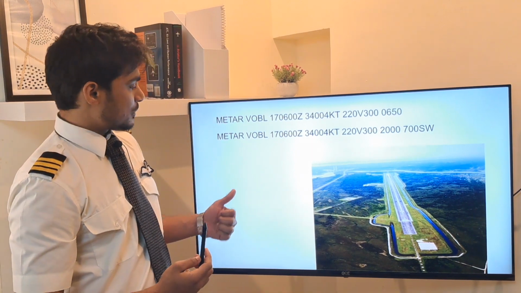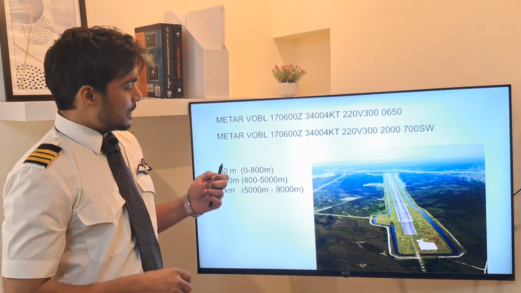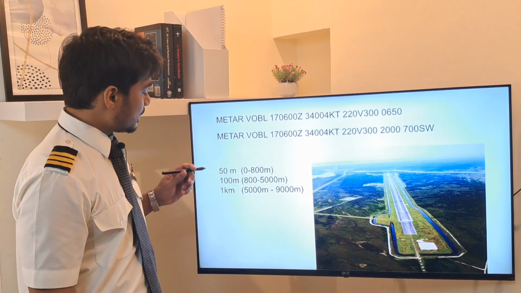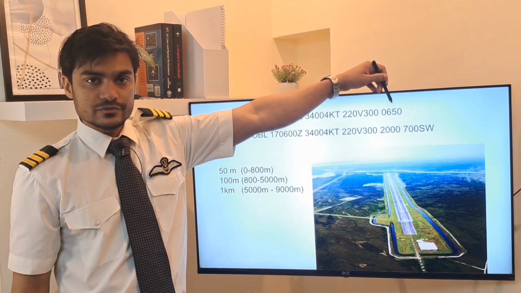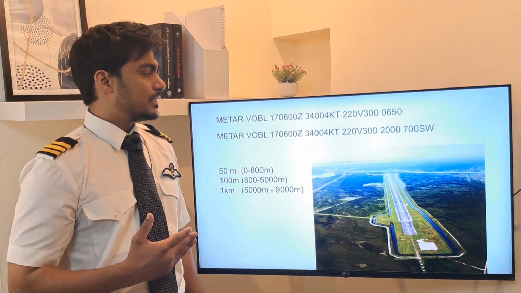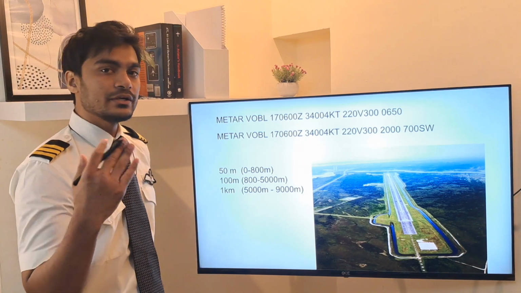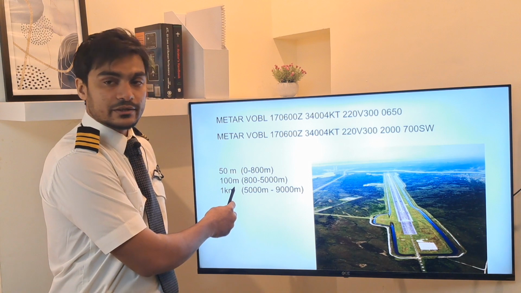Now let's look at how different intervals affect your METAR. If the visibility is from 0 up till 800 meters, it is always given at intervals of 50 meters. For example, the one that we have over here, 0650 meters. Next it would be denoted as 0700 meters, then 750 meters and 800 meters. But if it is beyond 800 meters up to 5000 meters, it is given at an interval of 100 meters.